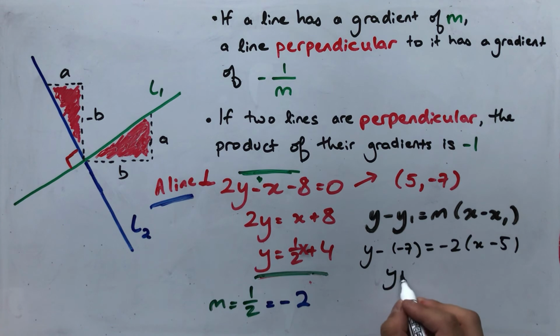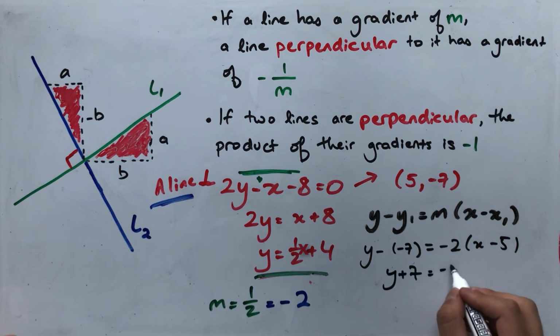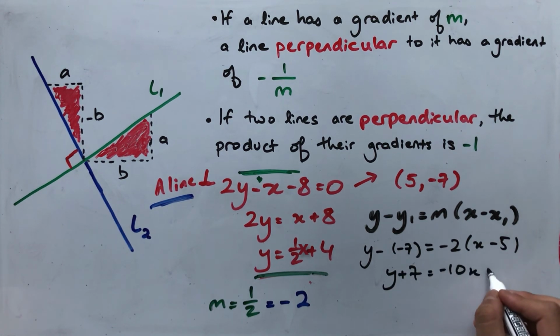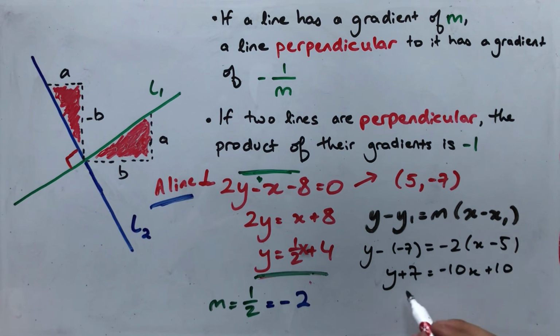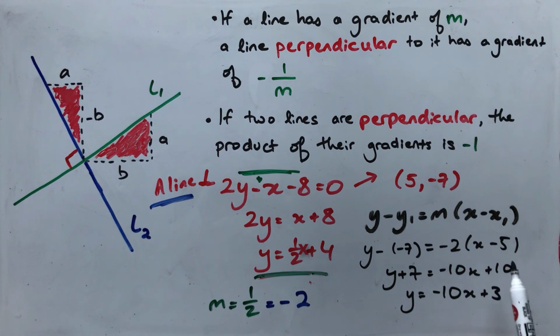Right? So you get y plus 7 is equal to negative 10x plus 10. By subtracting 7 from both sides, you get y is equal to negative 10x plus 3. And there you have found the equation.